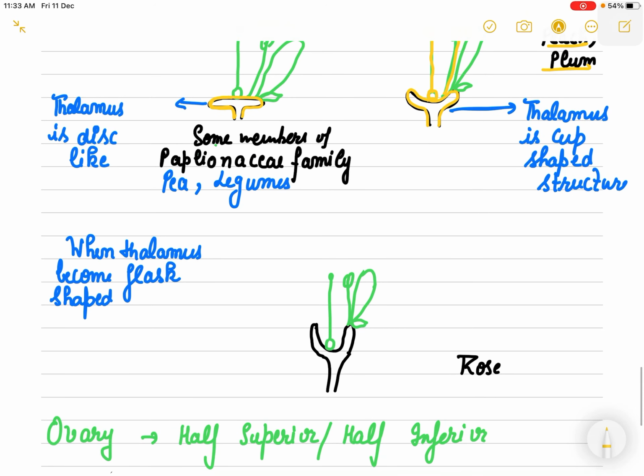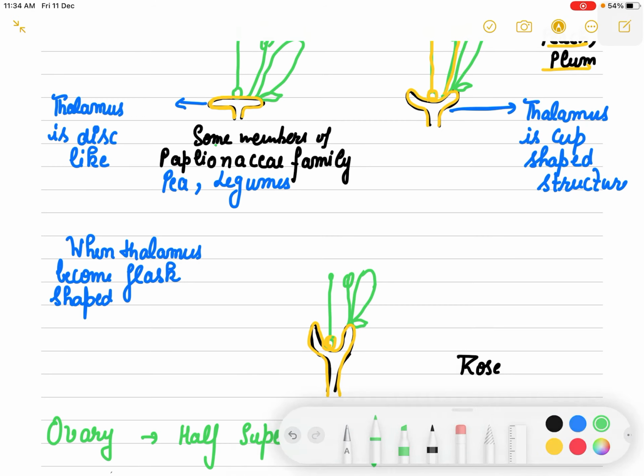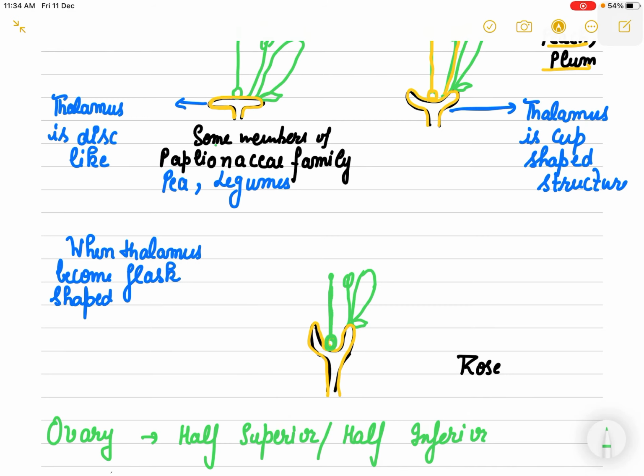Now when the thalamus becomes a little more elongated, as you can see, a flask shaped structure, you find that on this concave, deeper side the ovary starts, and at the tip you find the stamens and petals, and then sepals. So these are again around the ovary.